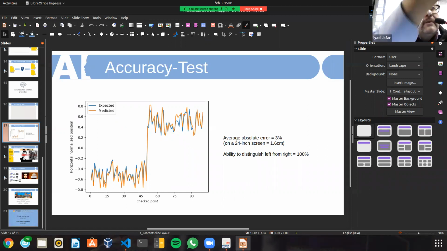How many points did you select for the neural network to make the instant prediction? How many points? This experiment was made on 100 points.